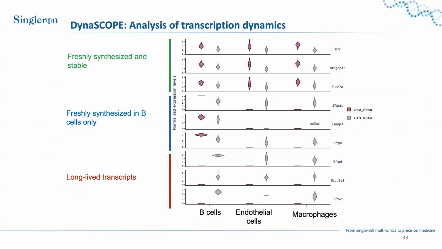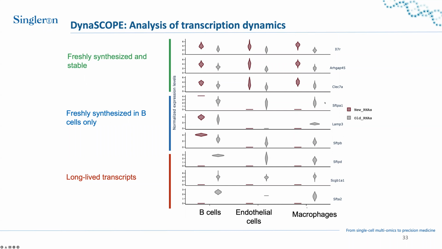You can also analyze this for the different genes depending on the specific cell types. For example, for the first three genes, you find freshly synthesized RNA, but also stable RNA in B cells, endothelial cells, and macrophages.